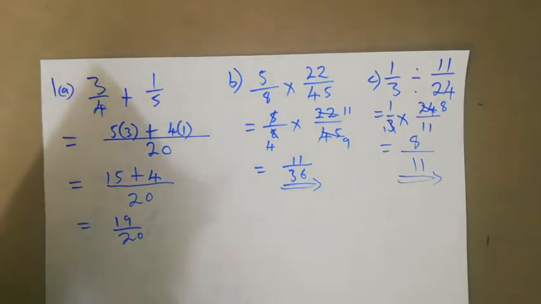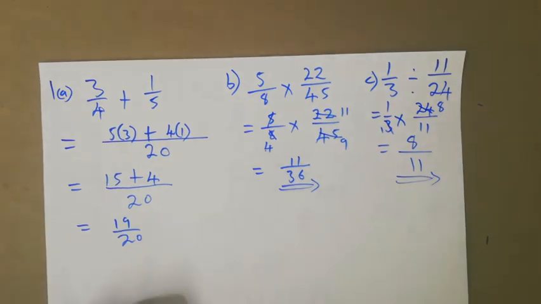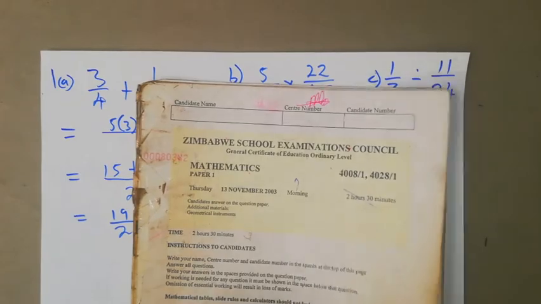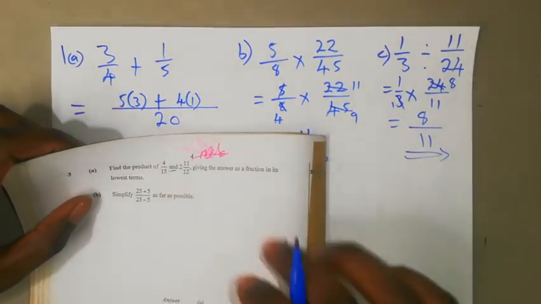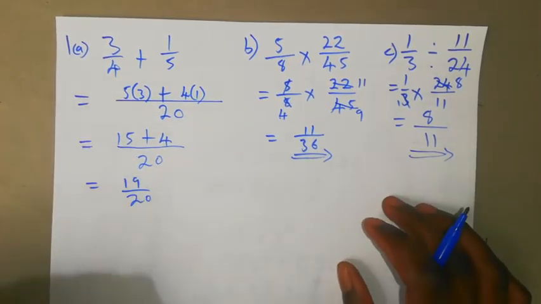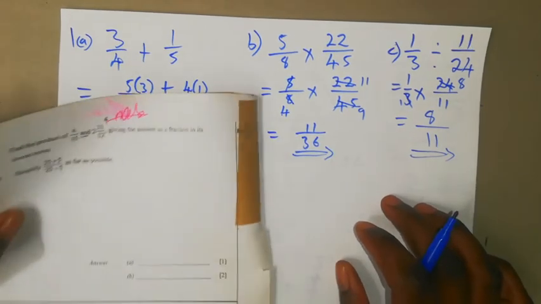Then you'll find some questions that come in the form of a statement. This is my November 2003, my paper 1. I want this question. Find the product of, what you're supposed to understand is this term. What does product mean? Product means we have to multiply.